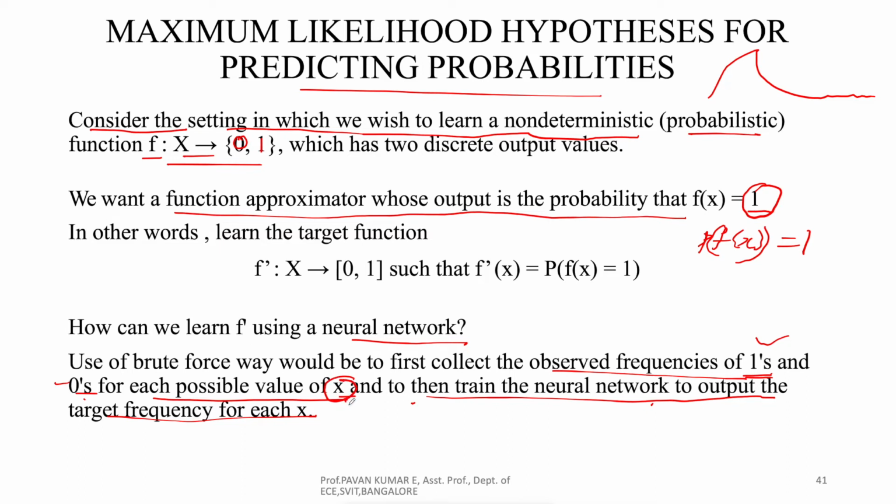Then you train that each day into the neural network. That means you take both positive and negative, and we are going to train the neural network, hoping that the output frequency, that is 25th, is our target. I hope you understood this example.